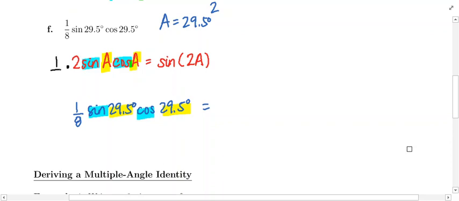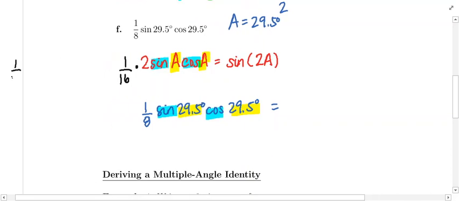To change this 2 to a 1/8, I'm going to have to multiply by 1/16, because 1/16 times 2 is 2 over 16, which is 1/8.